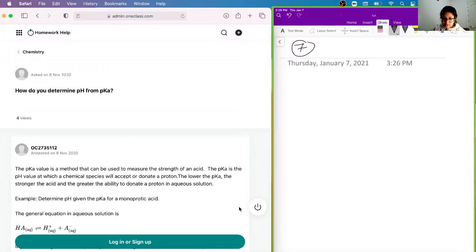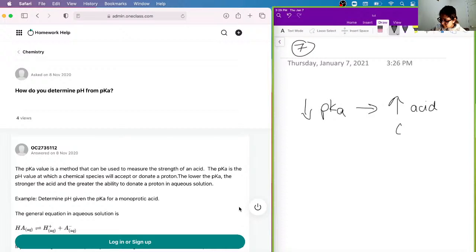The lower the pKa, the stronger the acid. You can see this is inversely proportional, and so the acid would have the greater ability to donate a proton, a hydrogen ion.